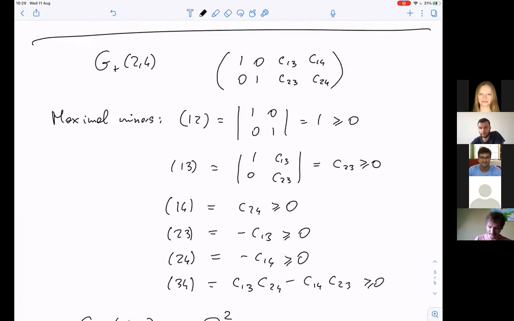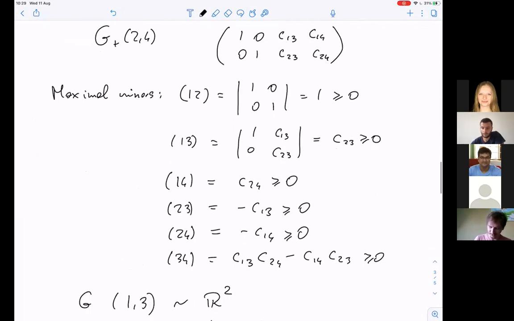So let's say, here we could find some solution, let's say 1, 0, 0, 1, 1, minus 1, 2. If I'm not mistaken, this is an element of G plus 2,4, which means that it's not empty. So it always can be solved, and some C's can be found which satisfy all these conditions.